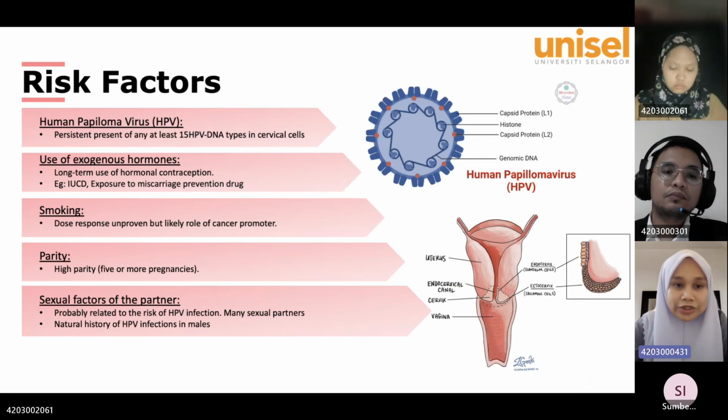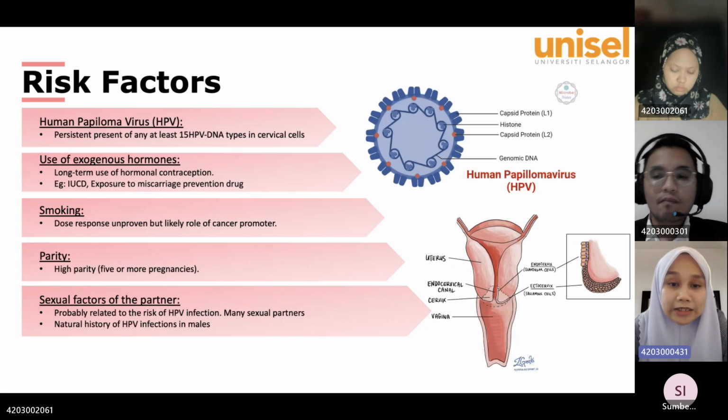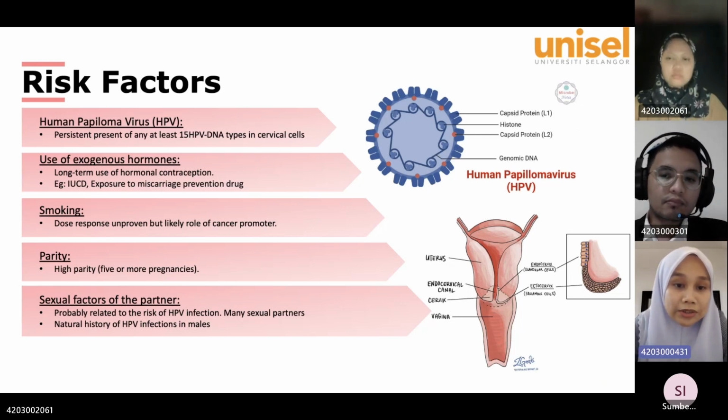We go to risk factors. First, human papillomavirus, HPV: persistent presence of at least 15 HPV DNA types in cervical cells. Use of exogenous hormones, long-term use of hormonal contraception, for example IUCD, and exposure to miscarriage prevention drugs.